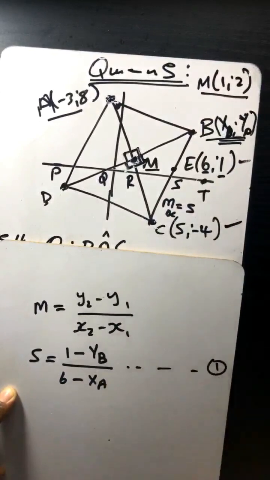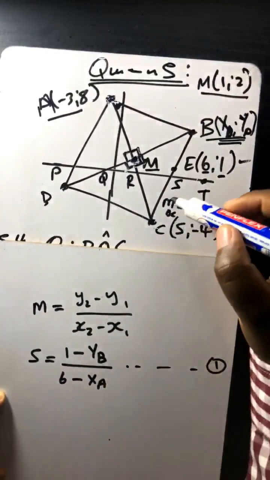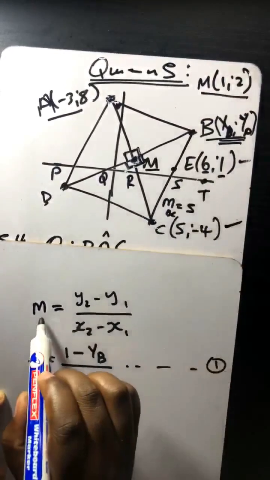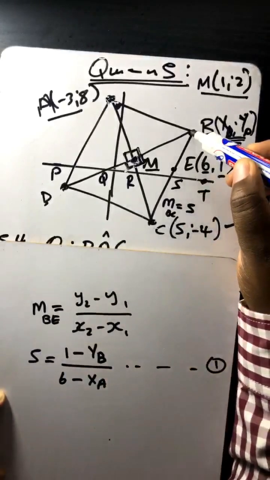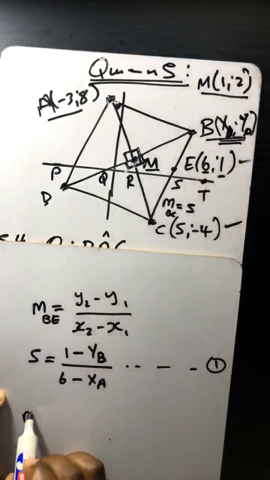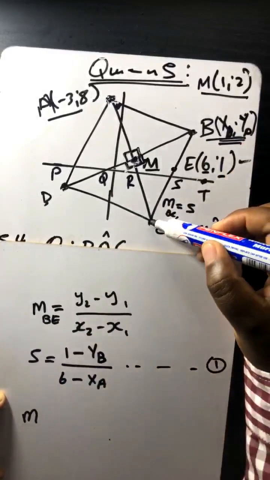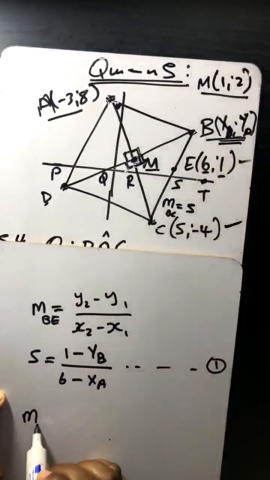And then we can still do the same and now calculate the gradient. This was the gradient of BE, from there to there. And now let's calculate the gradient from there to there, being BC.